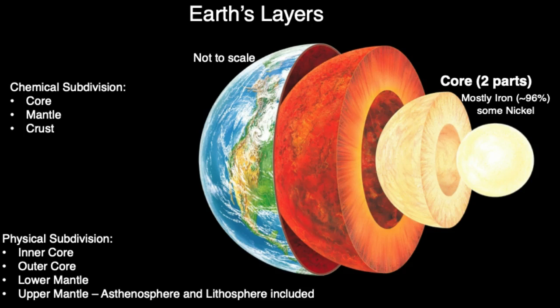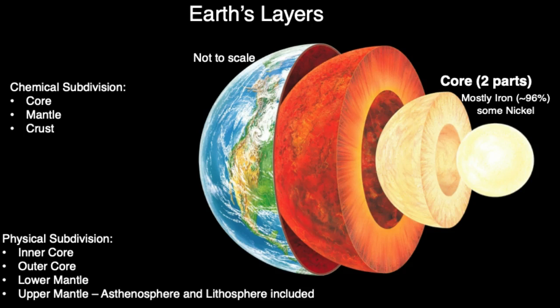The lithosphere, which is the uppermost physical layer, is composed of mostly mantle at the bottom in terms of chemical subdivision, and then the top part of the lithosphere is crust. It's kind of funny how that plays in, but you'll see another image later on that will help you clarify that in your mind, as well as your book. Your book has a very good image for that.